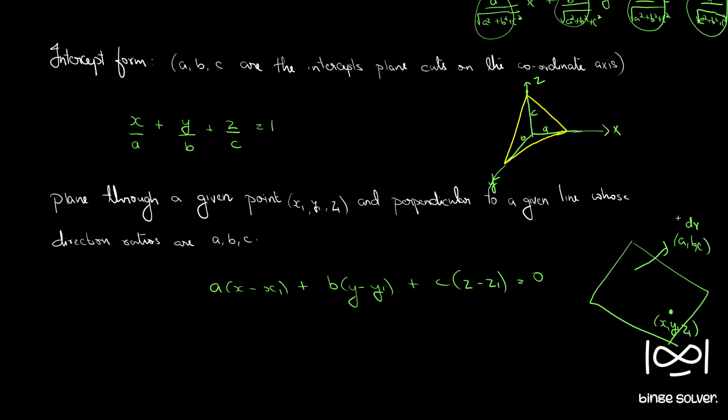If we are given this much information, we can construct the equation of the plane as a into (x minus x1) plus b into (y minus y1) plus c into (z minus z1) equal to 0. So this is another form.